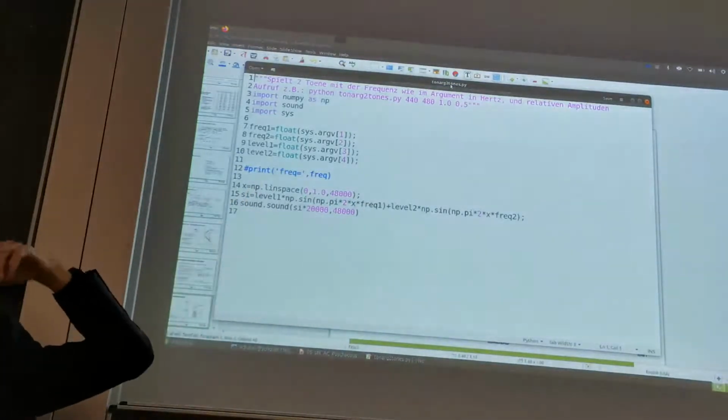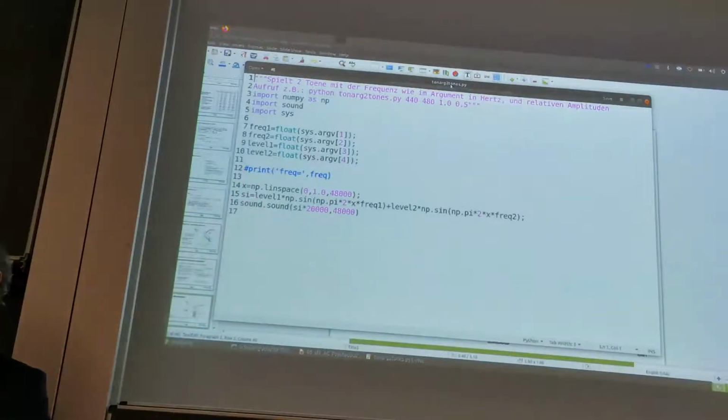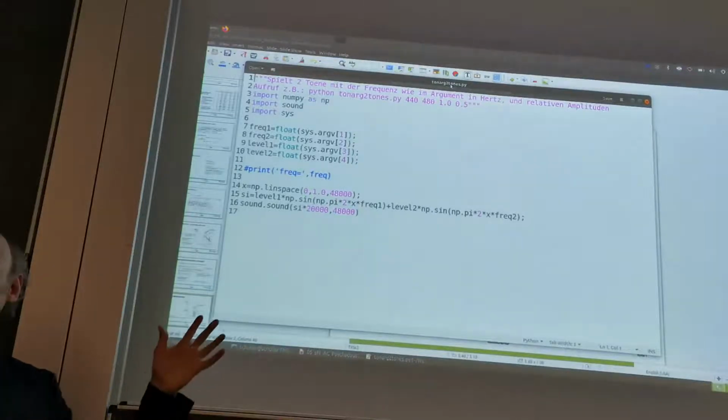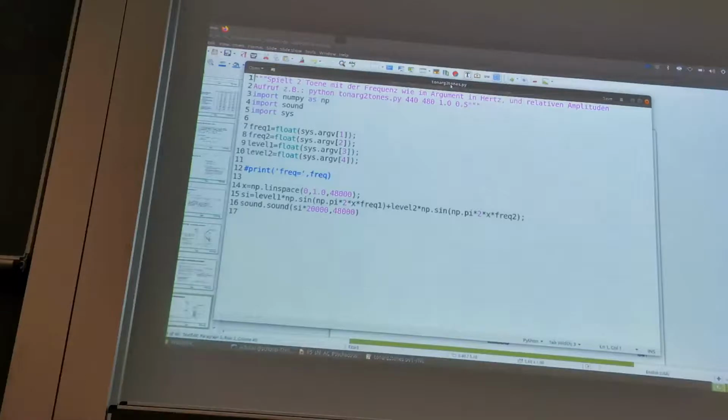If it's 3, then we have 3 periods, and so on. Make sense? Or shall I explain more? If everything is clear, then I can let it run. If anything is not clear, take advantage of it and ask me. That's what I'm here for.